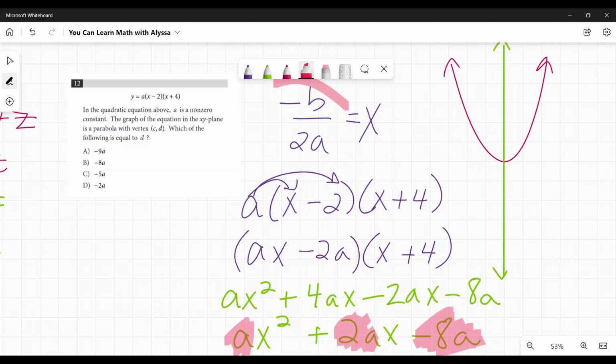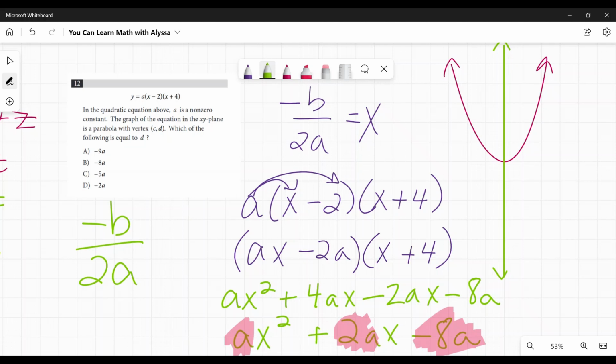So I'm going to use that in my equation for the axis of symmetry, negative b over 2 times a. So this right here is my b, positive 2a. I'm going to put that on top because it's negative b, negative second constant, over 2 times first constant.